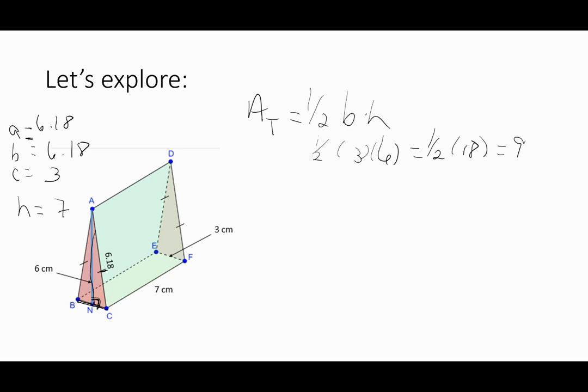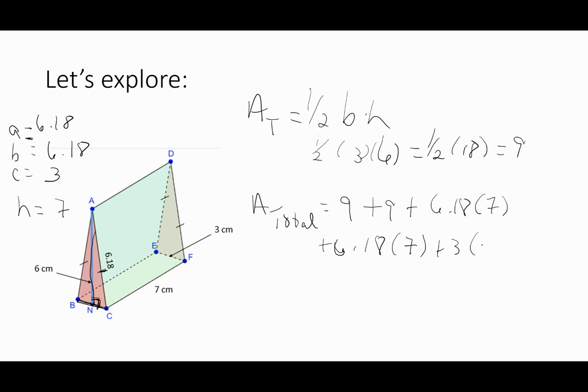Okay, so the area total is our area of our base, 9 plus 9, plus 6.18 one side times our height, which is 7, plus 6.18 times 7, that's the other side, plus 3 times 7. We add that up.